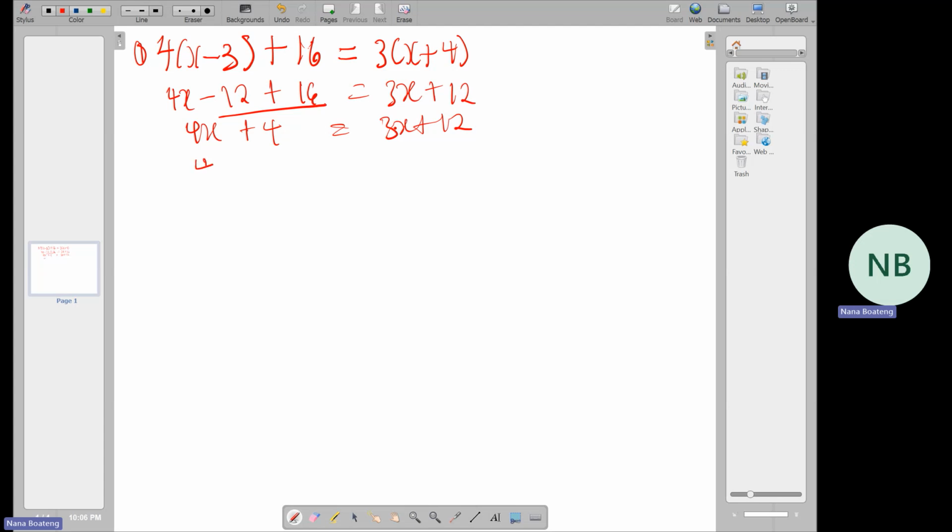So this becomes 4x minus 3x is equal to 12 minus 4. 4x minus 3x is x, so we have x is equal to 12 minus 4, which is 8. So the solution to this linear equation is x is equal to 8.